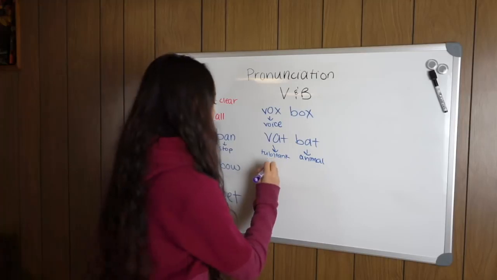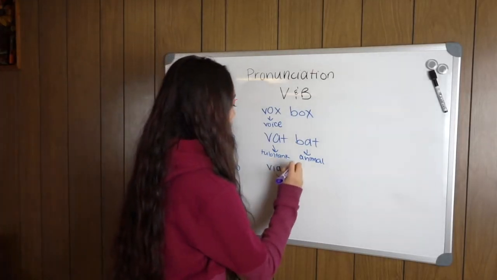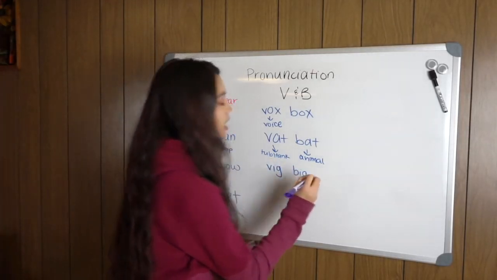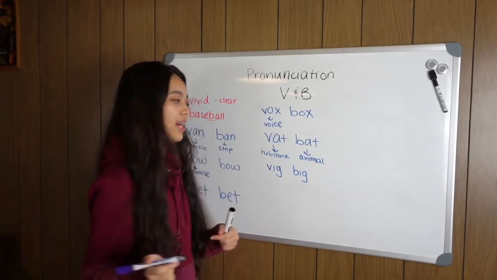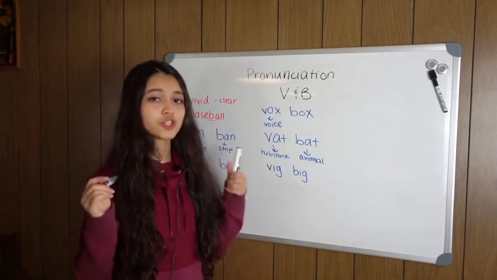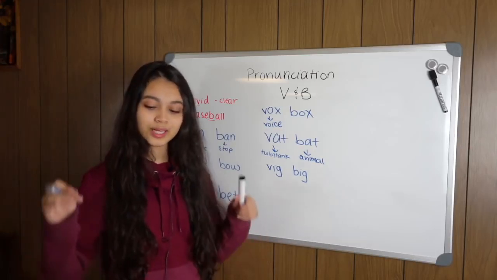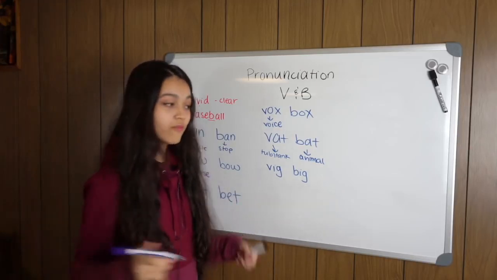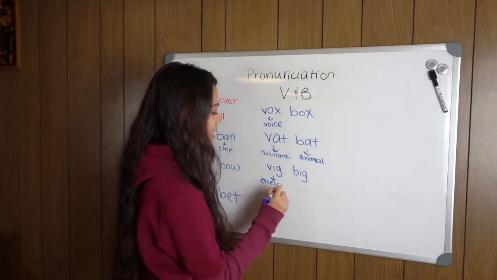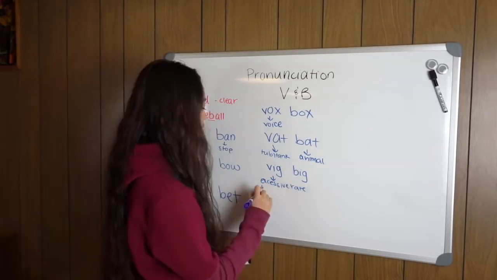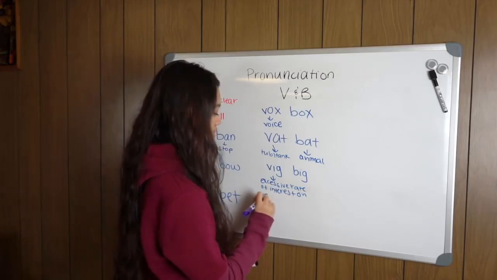There's also vig and big. Now this is another very commonly mistaken thing. And once again, it can change the meaning of your sentence. So vig is a little bit of a complicated definition. It's an excessive rate of interest on a loan.